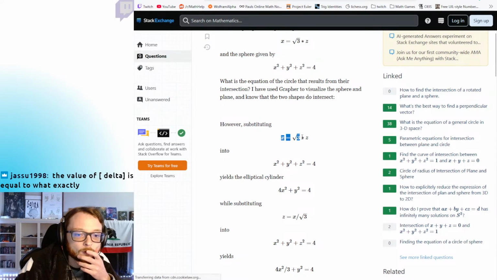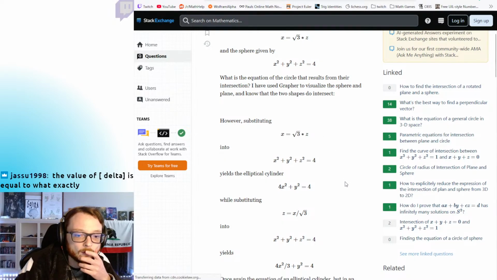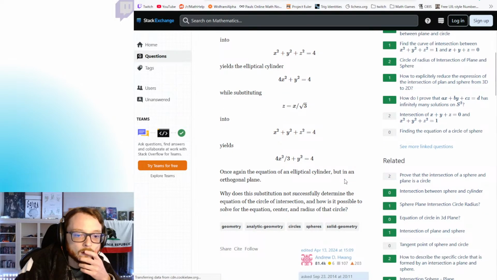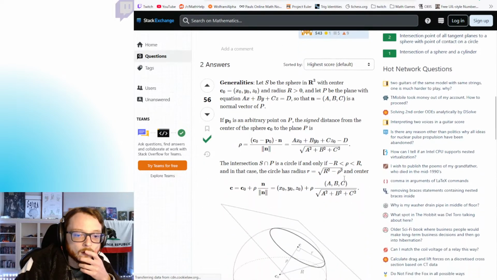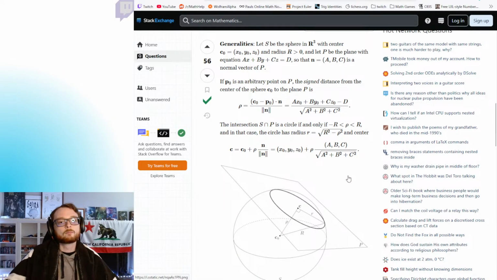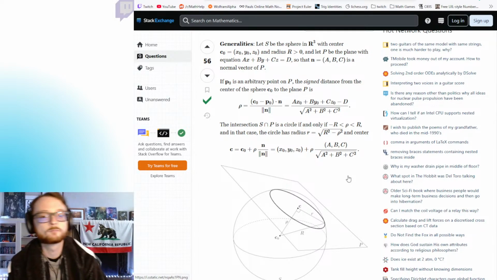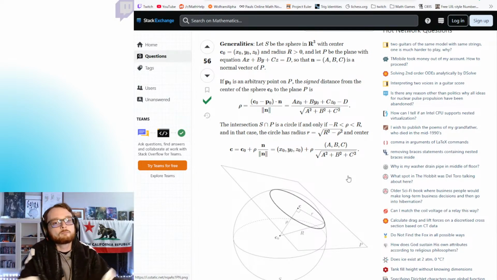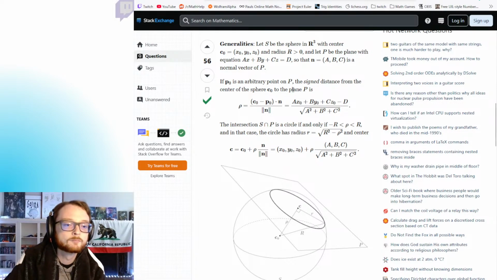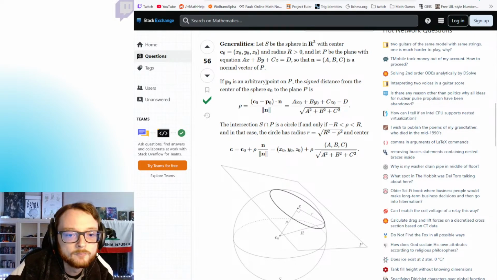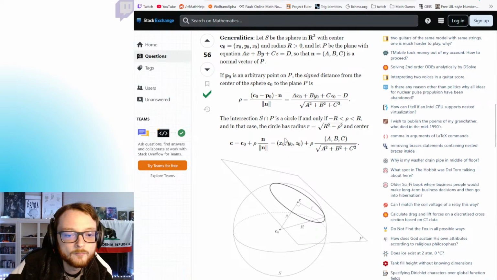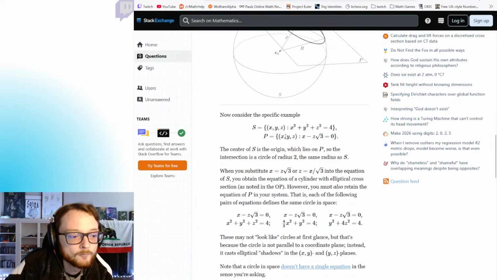Doesn't this plane pass through the origin, and you know the circle has the same radius as the sphere? Our plane doesn't.